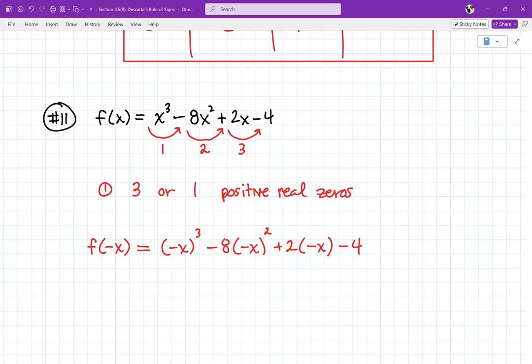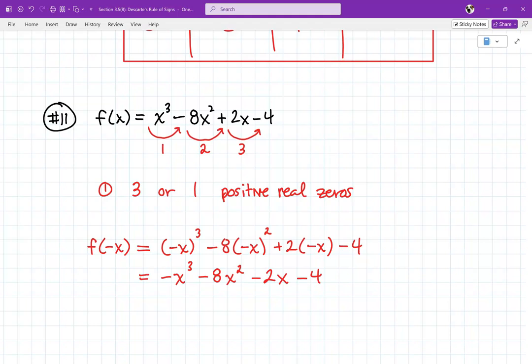And now I got to simplify it. So negative x cubed is still negative x cubed. Minus 8 times negative x squared is just x squared, so that's going to be minus 8x squared. 2 times negative x is negative 2x minus 4.